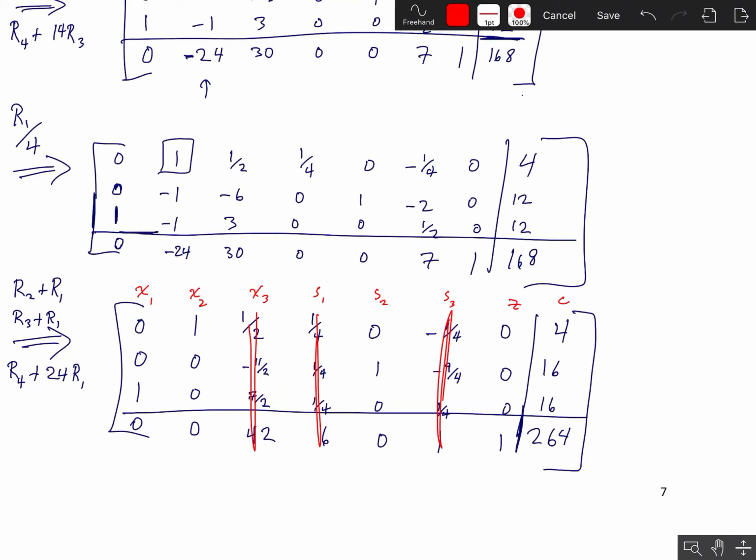You don't want to eliminate the constant column. So the constant column does not count as one of these variable columns that could be either basic or non-basic. So we do keep the C column at all times. But for any of these variable columns, if they have more than one non-zero entry, we kill that column. And now we can read off the solutions for these.